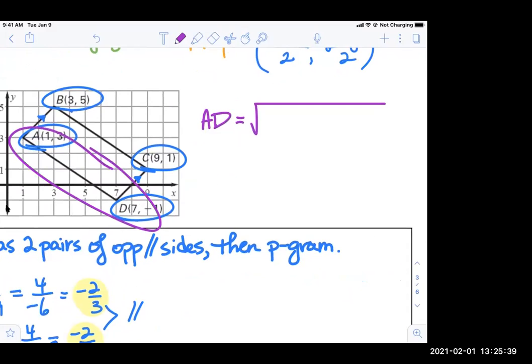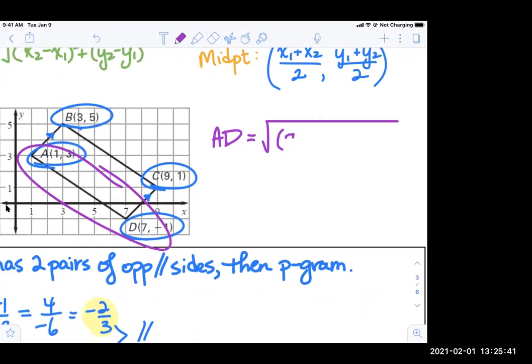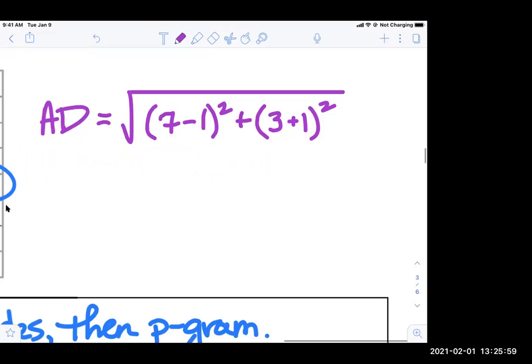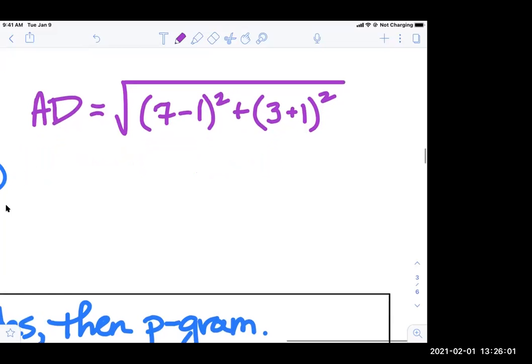So it'd be 7 minus 1 and then squared and then -1 plus 3. Oh, careful. Or no, sorry, 3 plus 1. Sure. -1 minus 3 or else 3 plus 1. Yeah, and again, the order doesn't matter. You don't have to be consistent like you do with slope because we're going to square it and it'll end up taking care of that anyway.